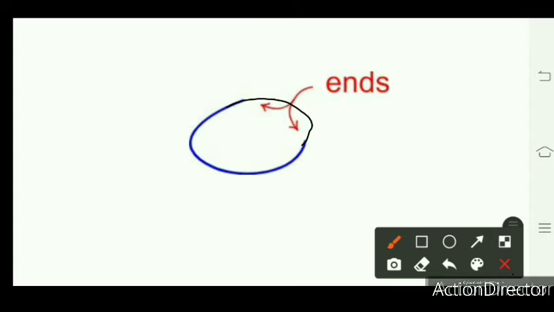These types of figures are known as closed curves, where these two ends join with each other. And if these two points are not joined with each other, we say that this type of curve is known as an open curve.